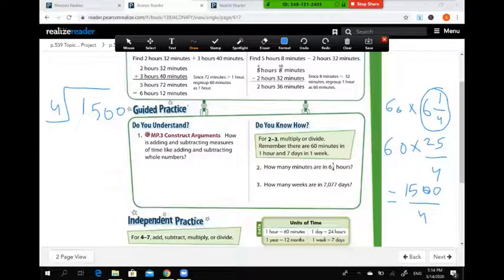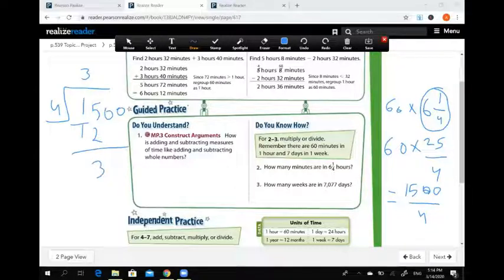Four times what gives me 15 or less? As we know, 4 times 3 equals 12, because 4 times 4 equals 16, more than 15. 15 minus 12 equals 3.